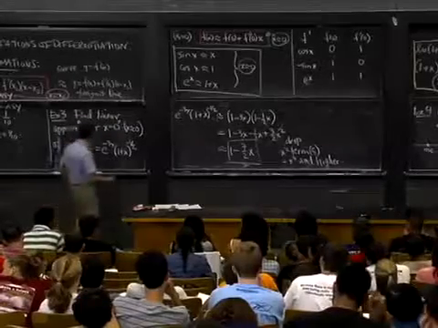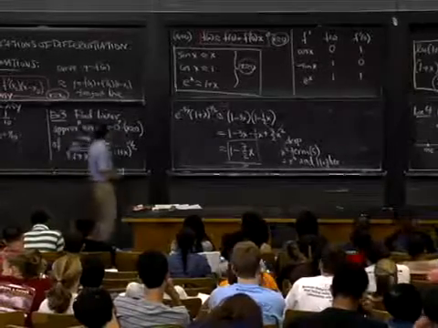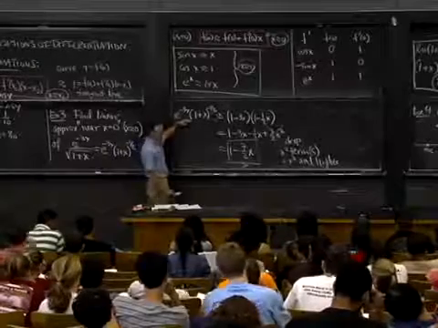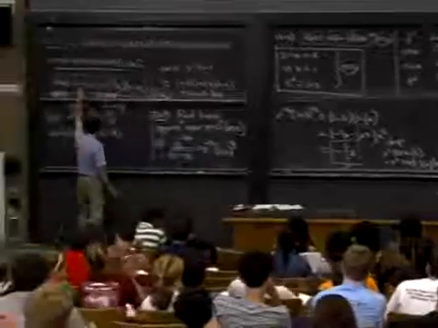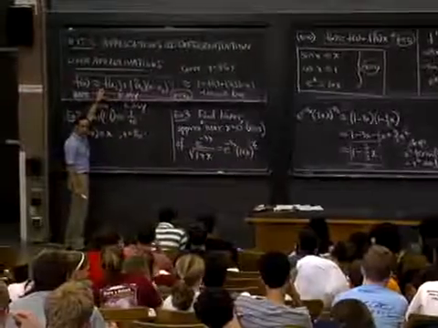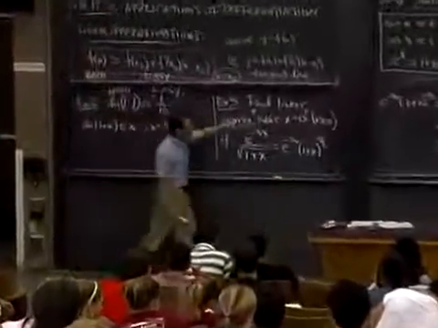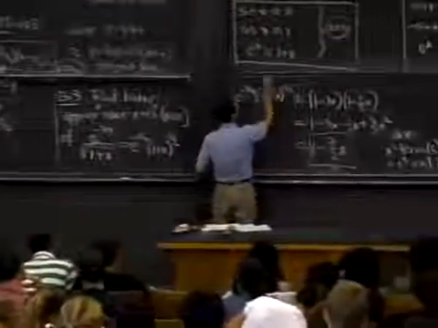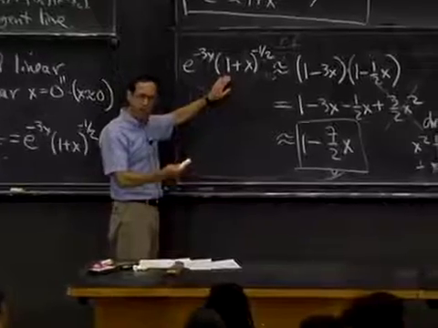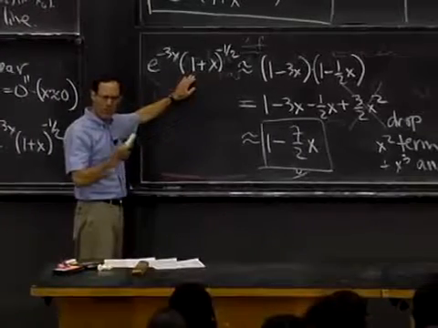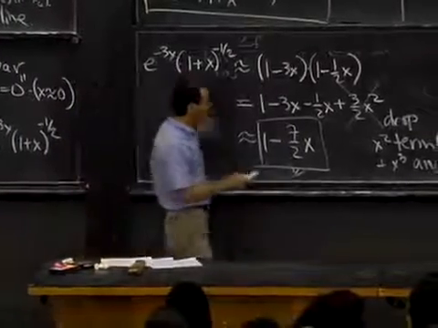The question was asked, suppose I did this by a different method. Suppose I applied the original formula here, namely, I defined the function f of x, which was this function here, and then plugged in its value at x equals 0 and the value of its derivative at x equals 0. The answer is yes.